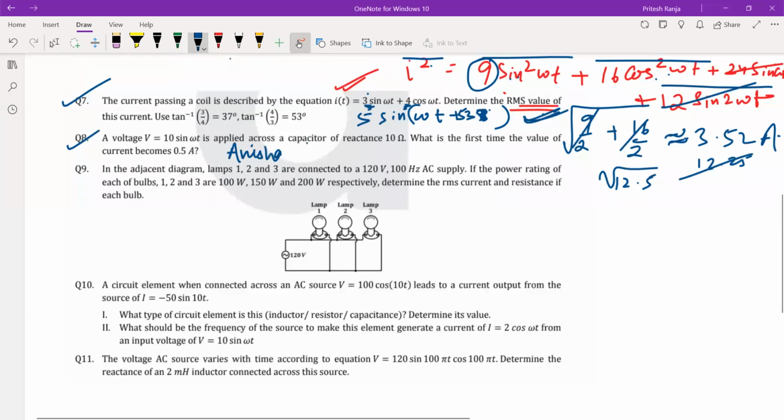Anisha, let me know what answer you get here. Quickly, all can do this one.